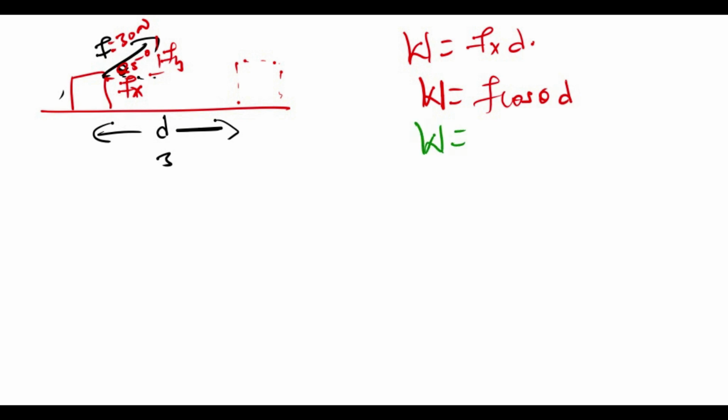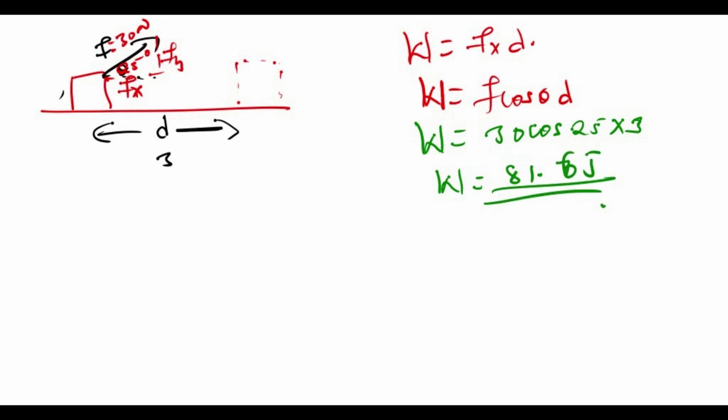Work will be equal to 30 cos 25 degrees times 3, so I'll get 81.6 joules. Done.